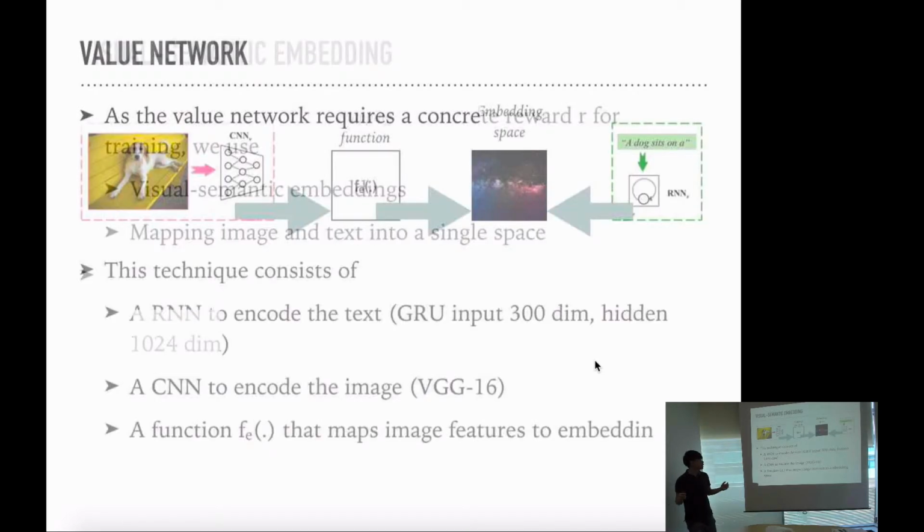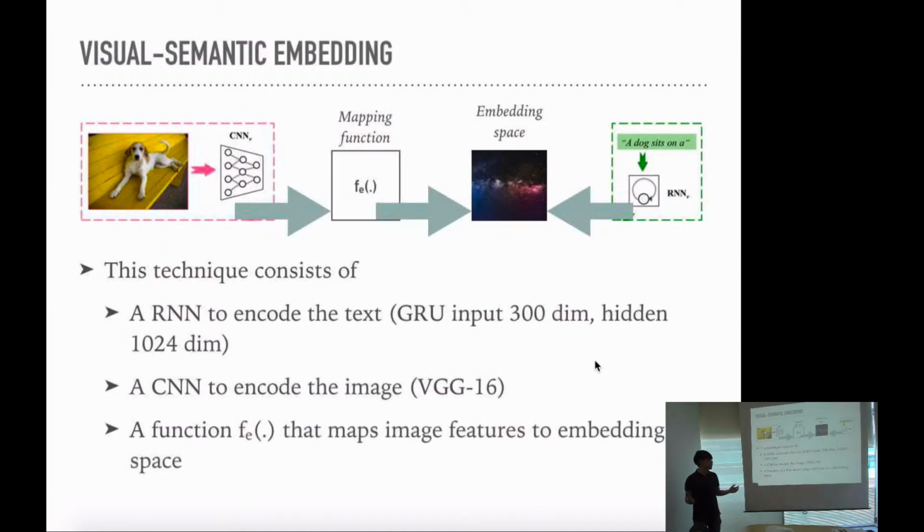So how do we do it? This technique consists of an RNN, which is basically a GRU with 300 dimensions and a hidden layer of 1024, a CNN, again VGG16, and a function FE that takes in the image and maps it to the embedding space. So we have the image, we have a mapping function, we have a single space, and we have the RNN to map text to the space as well.